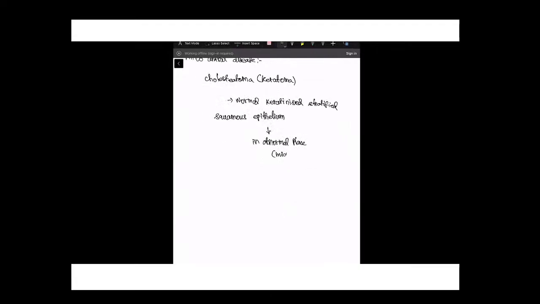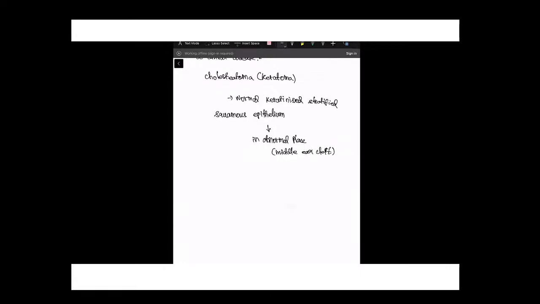This is normal keratinized stratified squamous epithelium in an abnormal place, in the middle ear cleft.